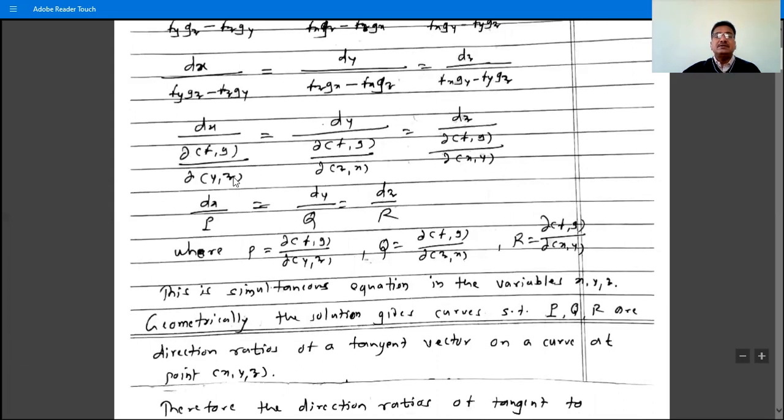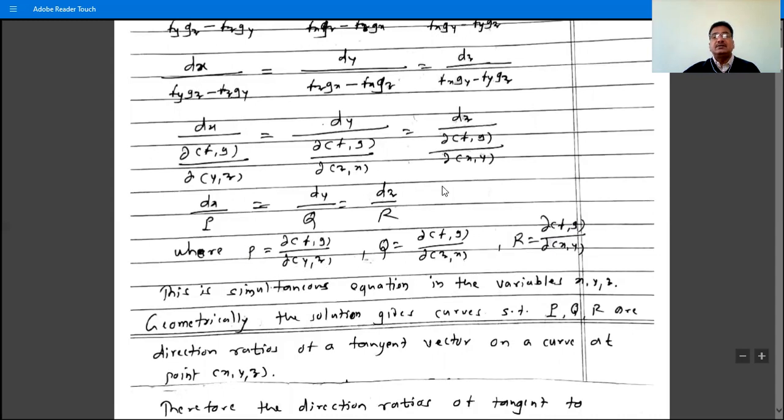Suppose we call these P, Q, and capital R, then we have dx/P = dy/Q = dz/R. P is the Jacobian ∂(f,g)/∂(y,z), Q is ∂(f,g)/∂(z,x), and R is ∂(f,g)/∂(x,y).